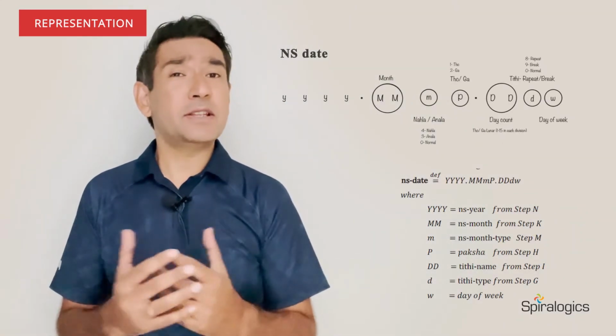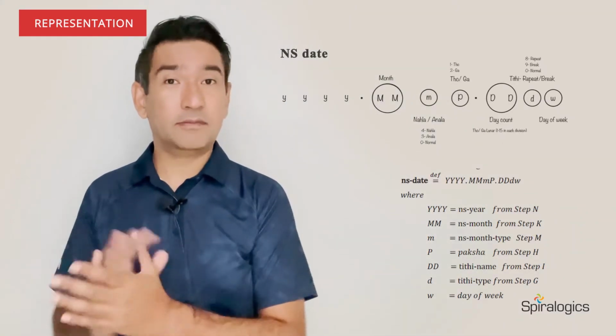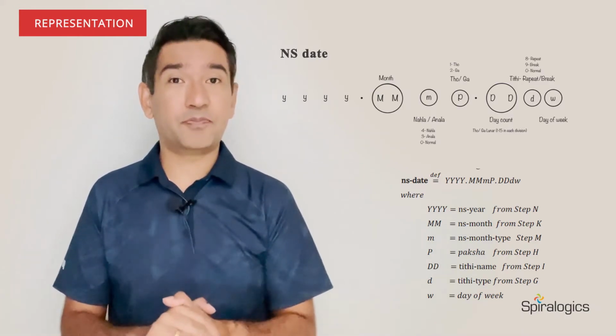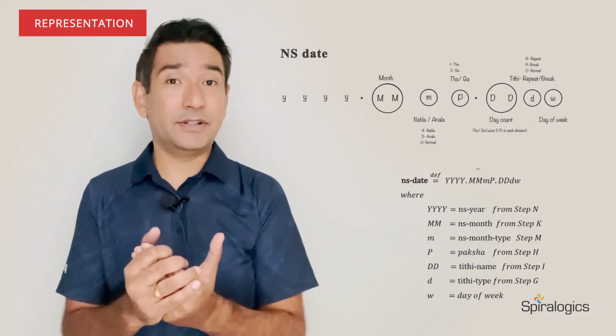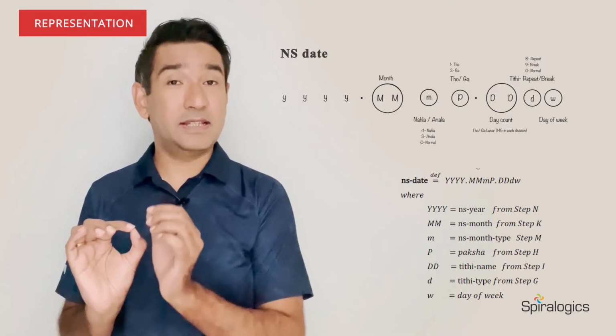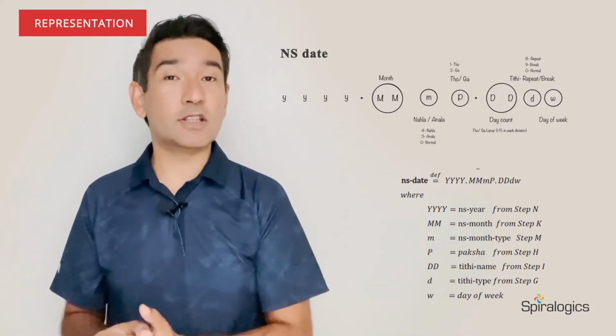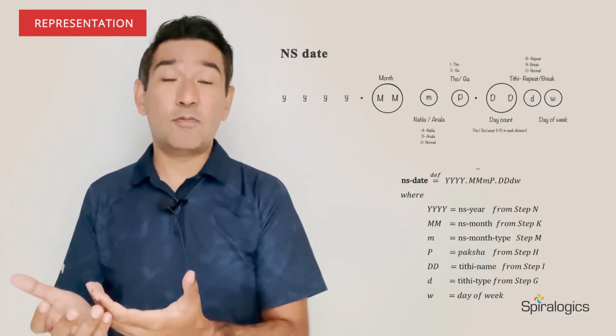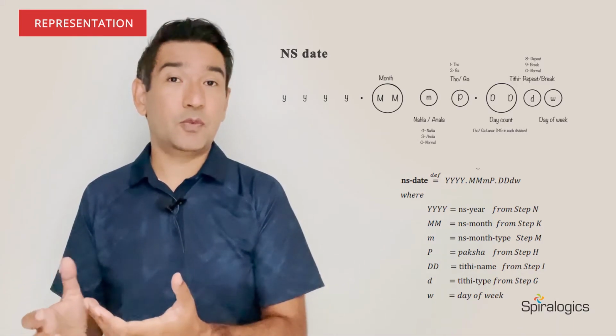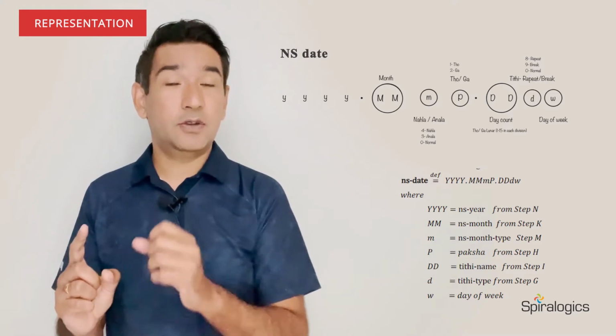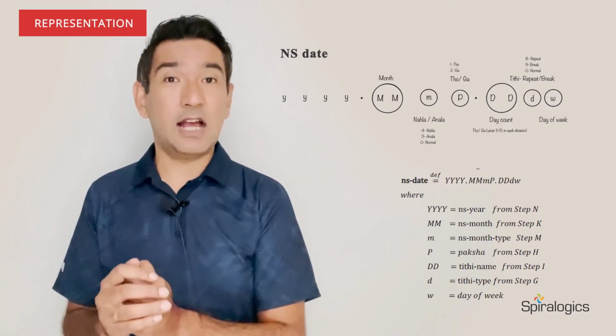Now let's combine all of these calculations into one representation so that we can get an NS date. It is over here. It is simply a year, followed by a month, followed by an indicator showing if a month is Anala 3, Nhala 4, or regular 0. Then followed by Paksha, which is 1 if it's a Tho, and 2 if it's a Ga.